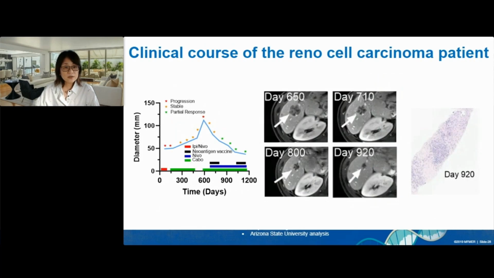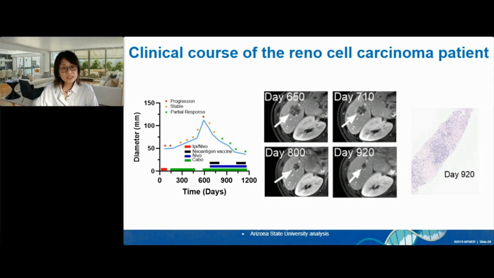Here is the clinical course of the same patient. Neoantigen vaccines were delivered starting at day 650 in combination with nivolumab, an anti-PD-1 drug. CT scans at day 710, 800, and 920 showed continuously shrinking liver metastasized tumors.